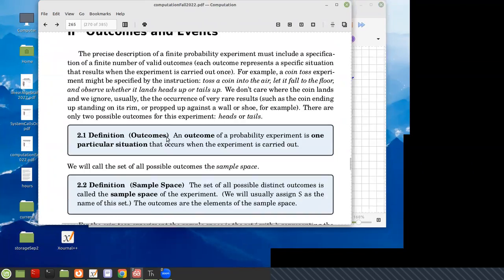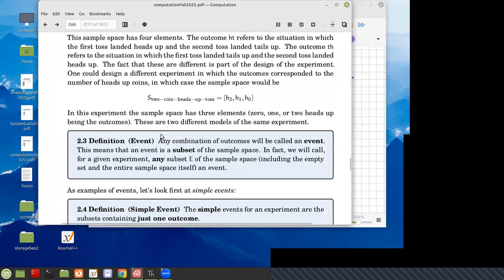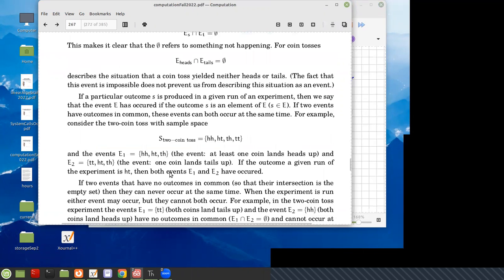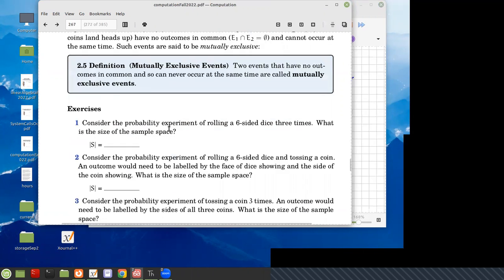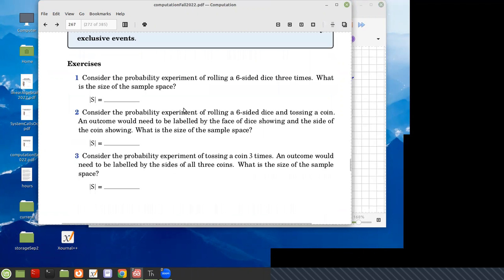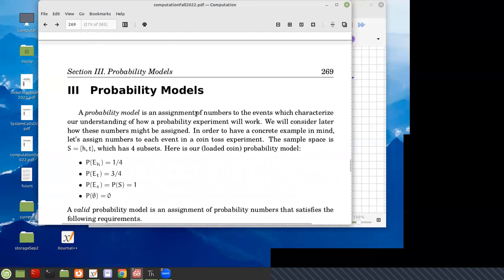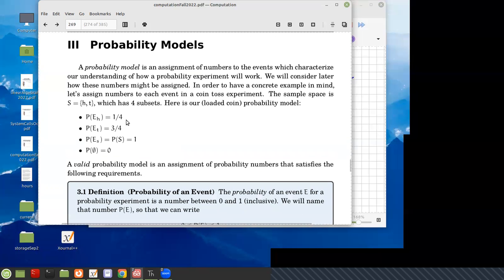We have the definition of an outcome, sample space, an event. We have simple events. A simple event is an event for an experiment that just contains one outcome. We talked about mutually exclusive events, and we'll do some of these exercises in a little bit. So a probability model is an assignment of a fraction to every event like this.